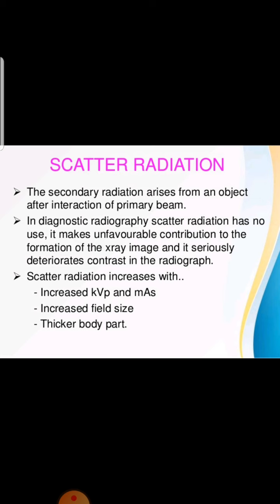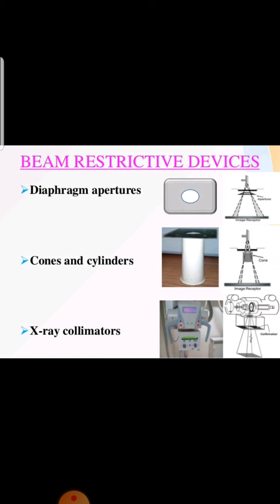Next is the thickness of the body part. The thicker the part being examined, the more scatter radiation there will be. So these are the factors that will cause more scattering.